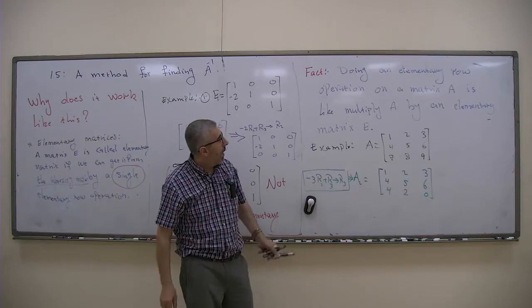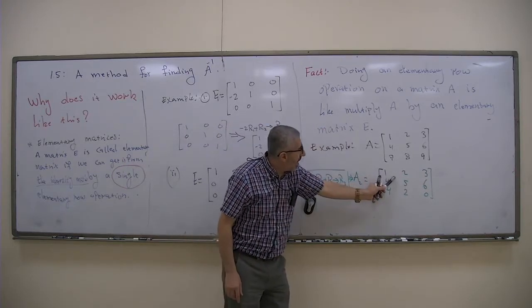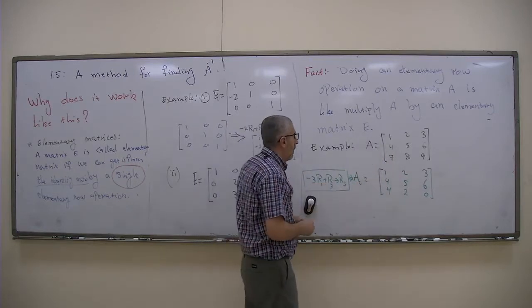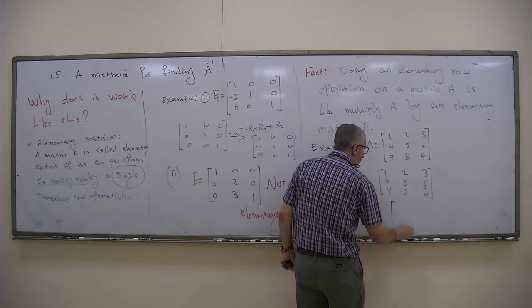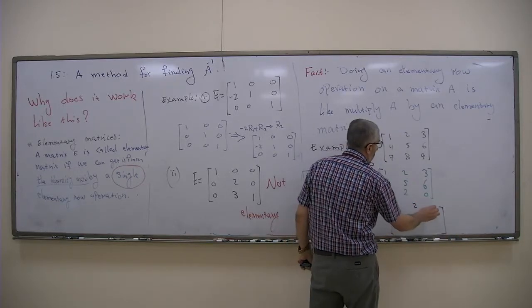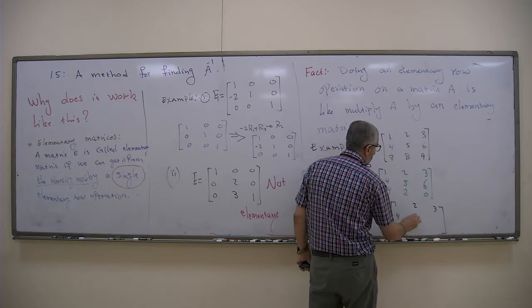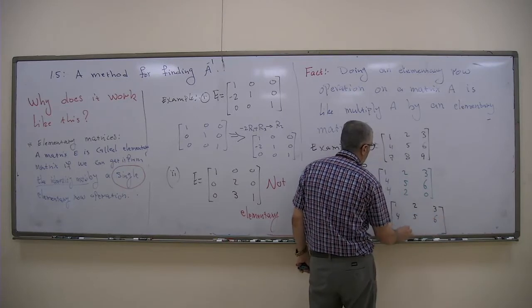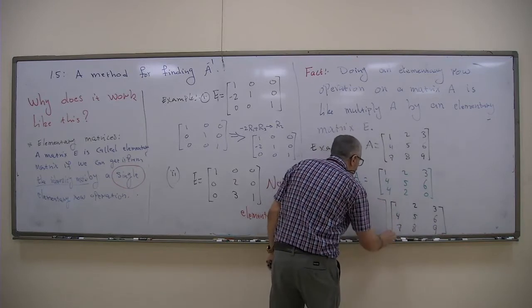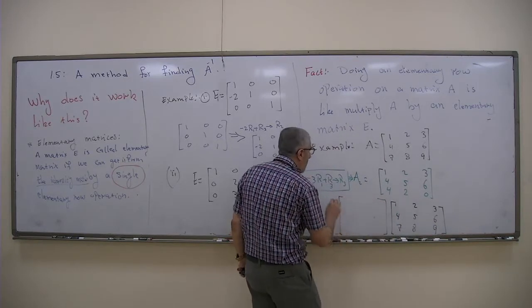Now, what we are saying here is that this is exactly like taking this matrix A, 1, 2, 3, 4, 5, 6, 7, 8, 9, and multiplying it by an elementary matrix.